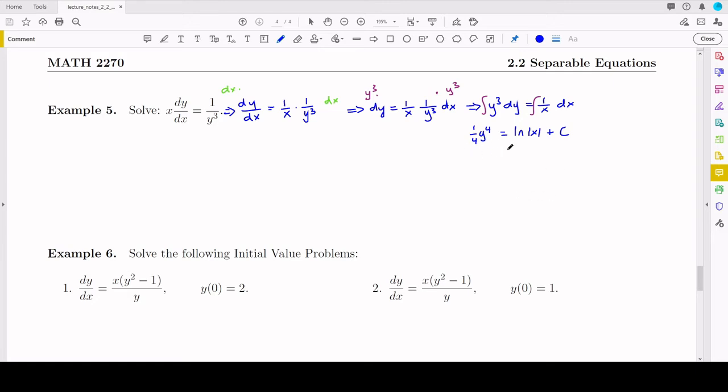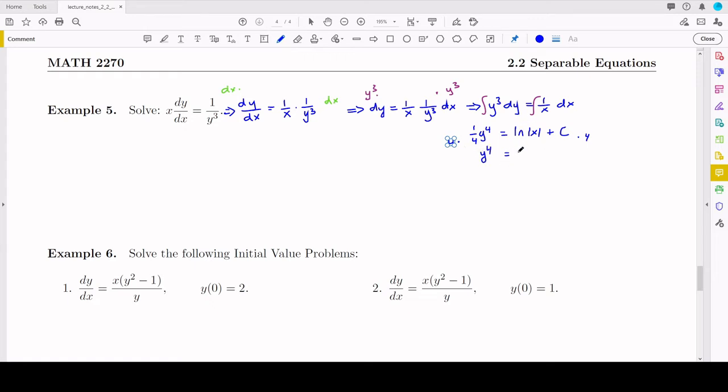Now, if I want to solve that for y, I can first multiply both sides times 4. Then I get y to the power 4 on the left.